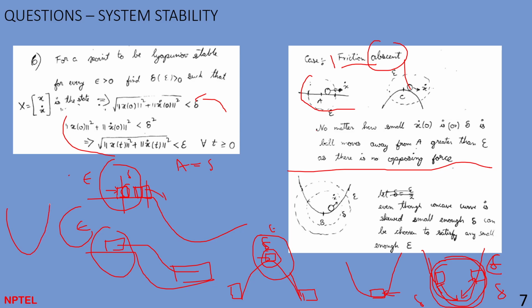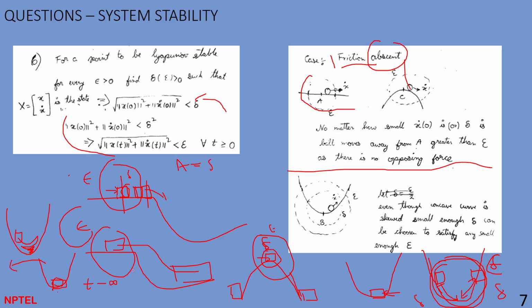Whereas when there is friction, if you have given a small push, that oscillation will decay and ultimately it will come to rest. So at time equal to infinity, that box will come to its same position, which is x equal to 0. In that case, if friction is present, it is called asymptotically stable.